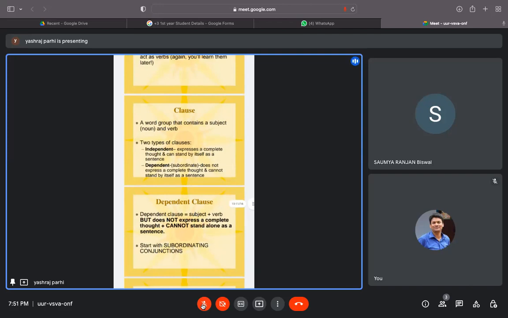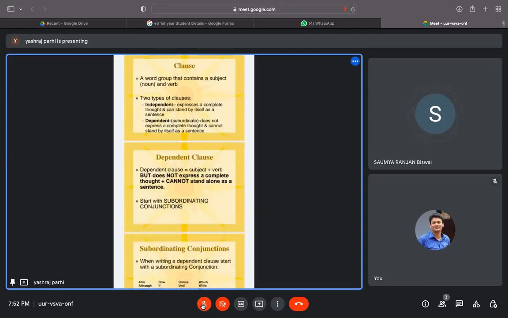A dependent clause equals subject plus verb, but it does not express a complete thought or cannot stand alone as a sentence. When writing a dependent clause, start with a subordinating conjunction like after, although, as if, as, etc.